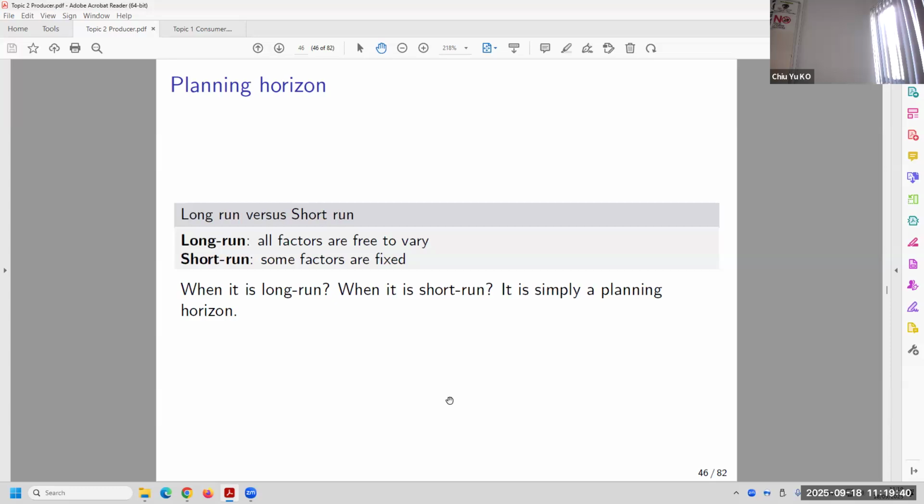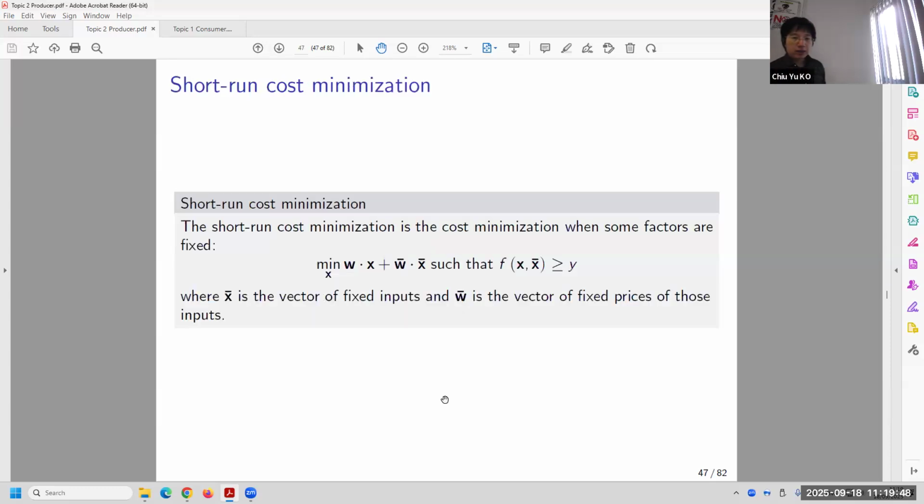If you think beyond a certain thing, everything can be changed, it's long run. So that is what it means. And for short run, it just means that some factor remains unchanged. But it is very simple because it doesn't affect our choice. So it's just optimization, the same thing.